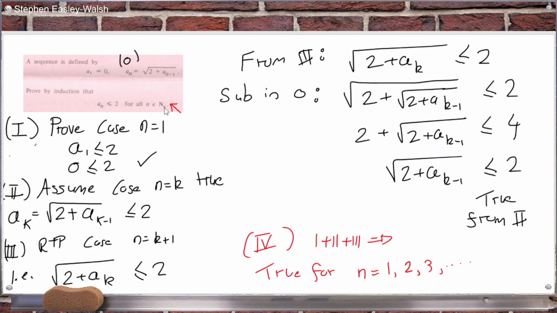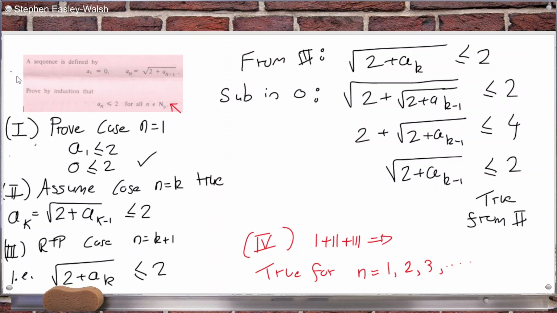This 0 here, it kind of feels like this set's not supposed to include 0 because you're started off by being given a1. So the first case here has to be a1. I guess technically you could work out a0 by working backwards if you know what a1 is. I doubt that's what's going on here, but just in case, let's have a quick look before we wrap this question up.